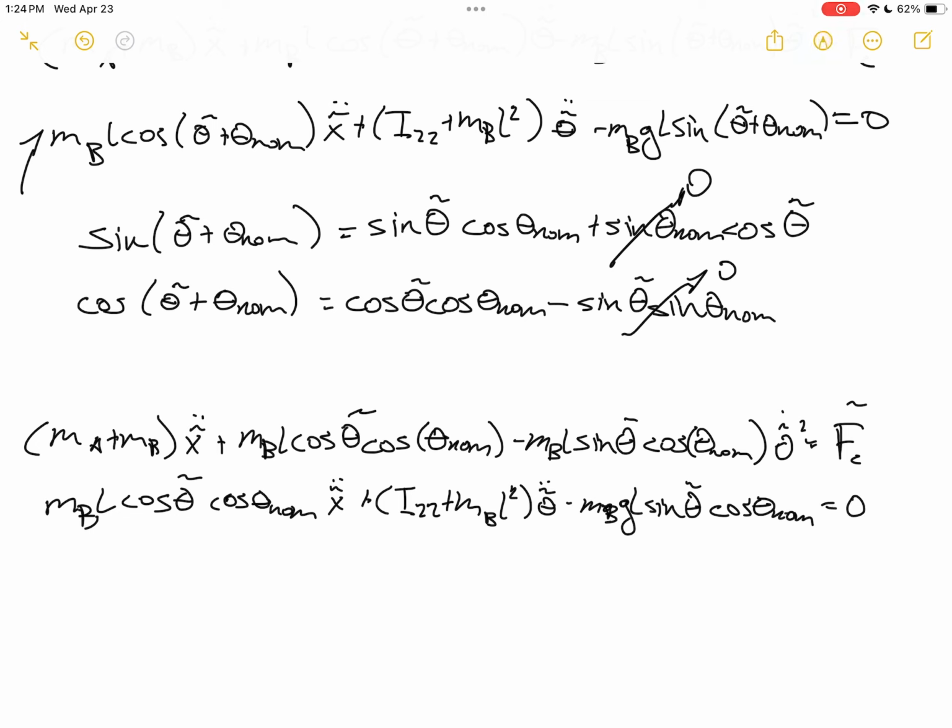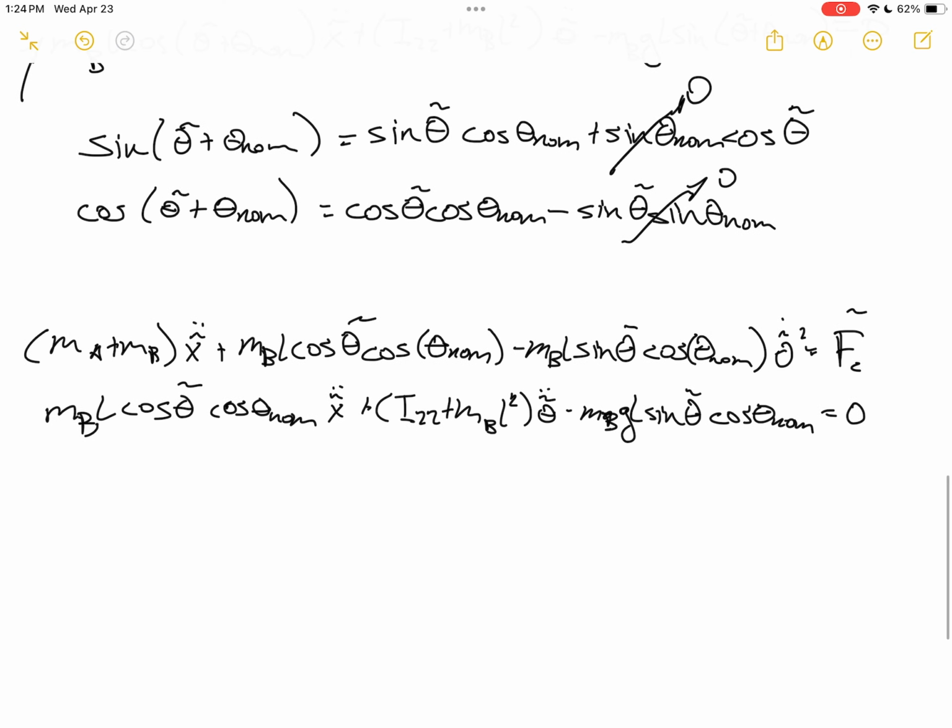So we have two equations where everything is in terms of something that we've used small value approximations in the past to linearize. So we can take these two equations and we can linearize them. So this first term, MA plus MB x tilde double dot, is linear already.